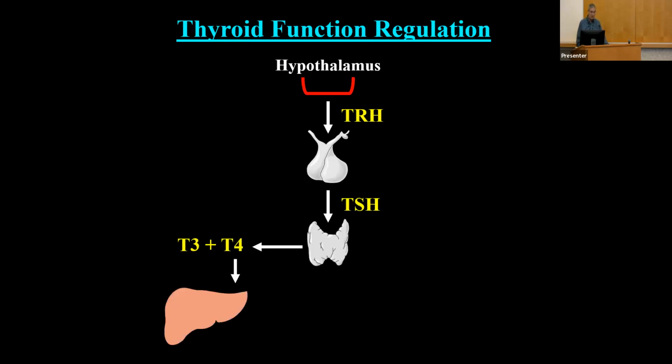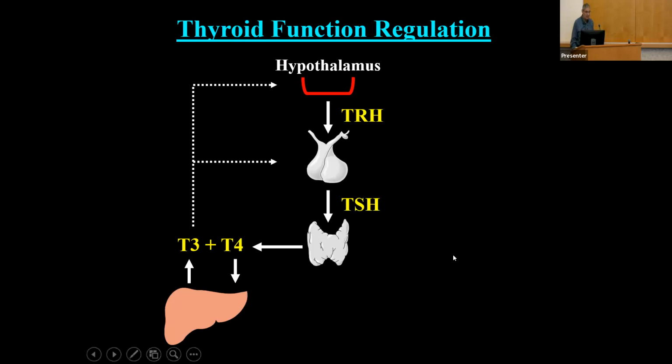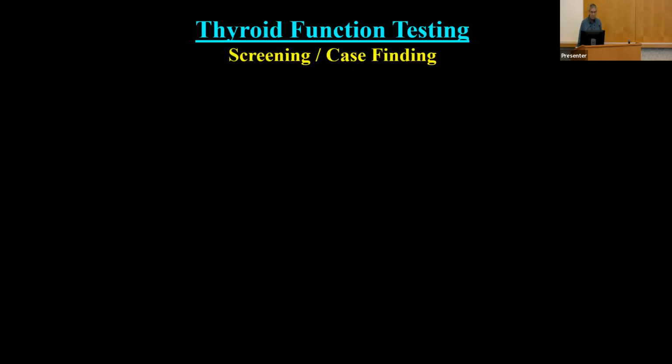And most of the T3 in the body actually comes from peripheral tissues like the liver. And then T3 predominantly feeds back at the hypothalamus and the pituitary to say, yes, we do have enough thyroid hormone, or we don't, make some more TSH or not. And that's why TSH then is our best. It's not a perfect test, but it's our best test for diagnosing disorders of thyroid function.